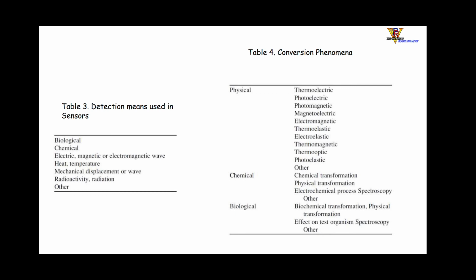Conversion phenomena: how different types of conversion you can sense physically: thermoelectric, photoelectric, photomagnetic, magnetoelectric. Chemical conversion requires chemical transformation like gas to liquid form, liquid to gas form, liquid to solid, like this. Biological transformation can also be used in sensors.